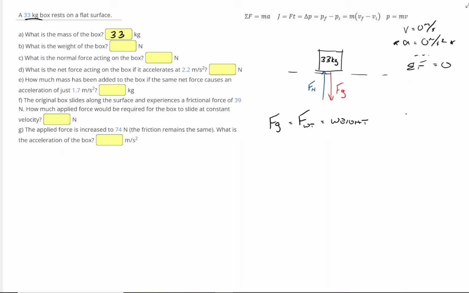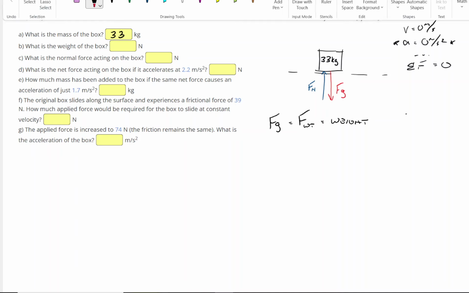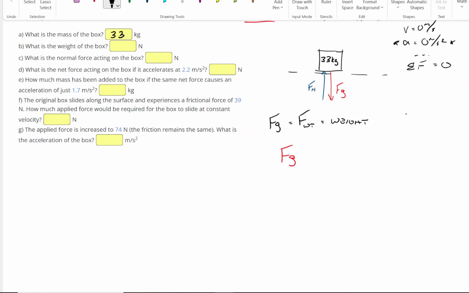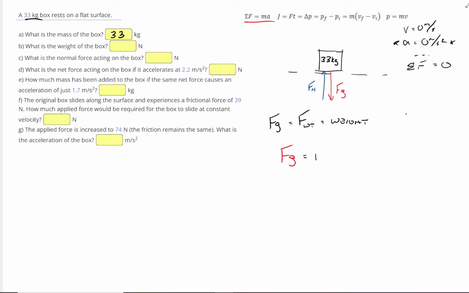Well, what if this box did not have the surface underneath it? What would Fg do? If it did not have the surface, the force of gravity would be the only force, and F equals ma suggests that it would be accelerating. Since it would be accelerating due to gravity, F equals m times a.